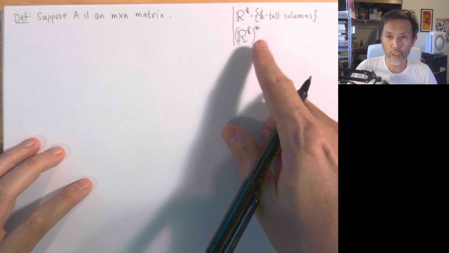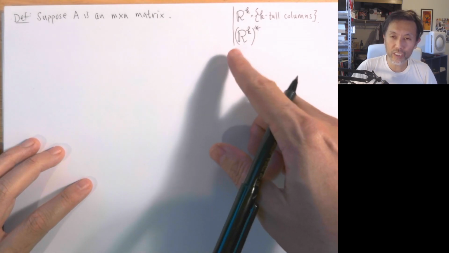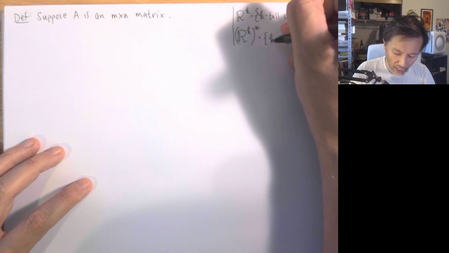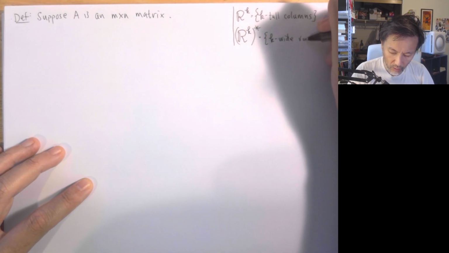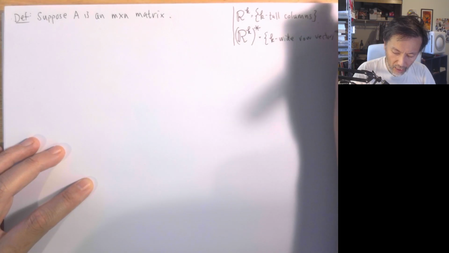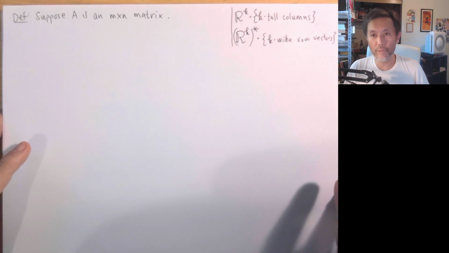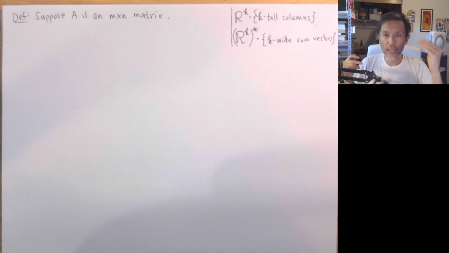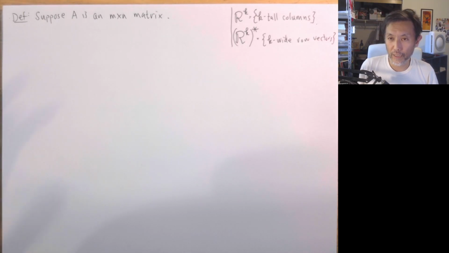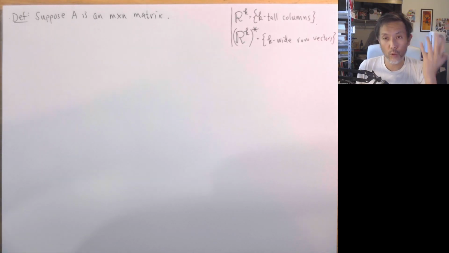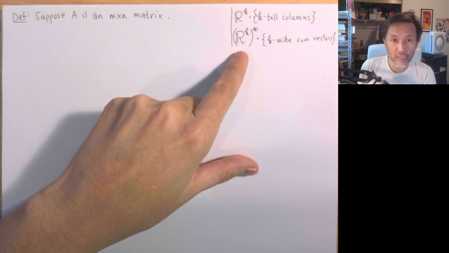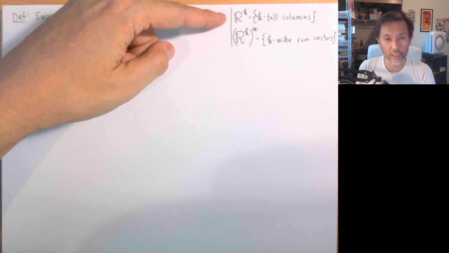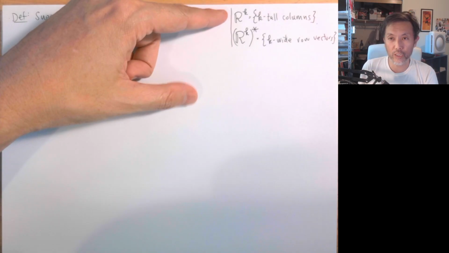But I'm not so worried about that right now. Rather, we're just going to take this as the collection of all k-wide row vectors and declare it a vector space in the obvious way. If you have two row vectors, you can add them entry by entry, and you can multiply a row vector by any scalar and get another row vector. So this is equally well a vector space, and we call it the dual of this one. That's how many mathematicians will think of it.